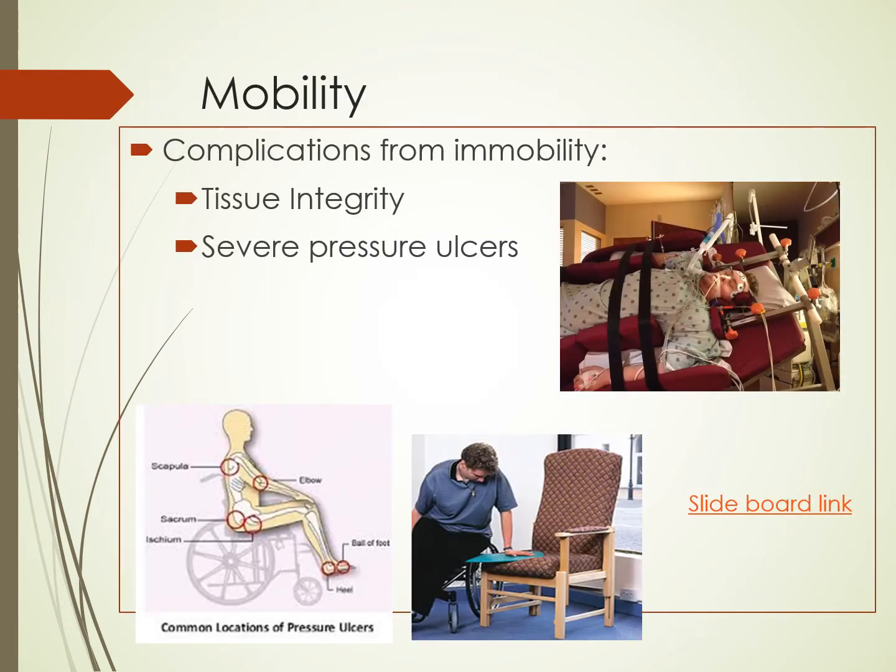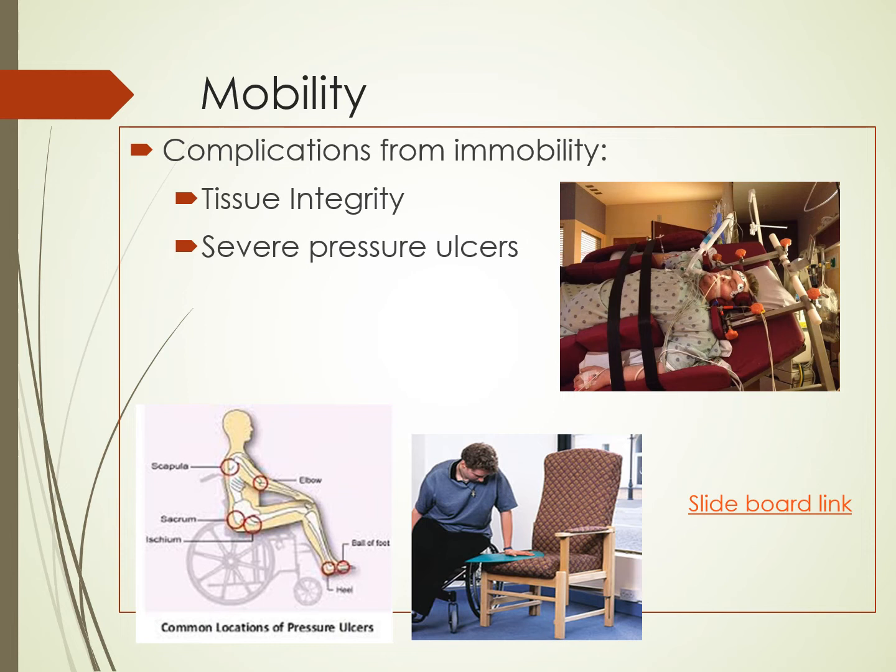All right, more little issues with mobility, tissue integrity, severe pressure ulcers. I know working up on the burn and plastics unit that a lot of the plastics have to do with folks with spinal cord injuries who don't move, are unable, or they choose not to move themselves often, and they have these severe pressure ulcers that go down to the bone, and they really can't feel them, but they are very much an infection risk, and they're very difficult to heal.